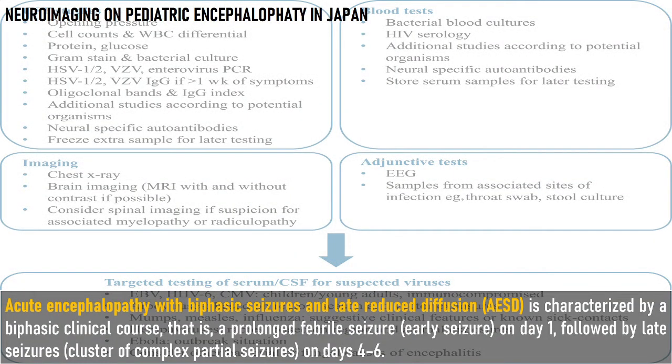Acute encephalopathy with biphasic seizures and late reduced diffusion, or AESD, is characterized by a biphasic clinical course, that is, a prolonged febrile seizure or early seizure on day 1, followed by late seizures, cluster of complex partial seizures on days 4 up to 6.